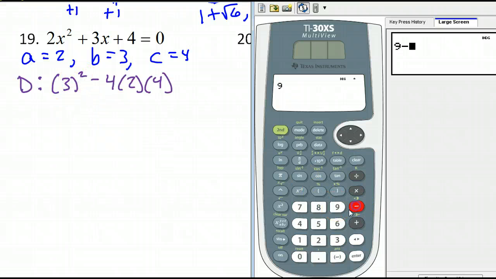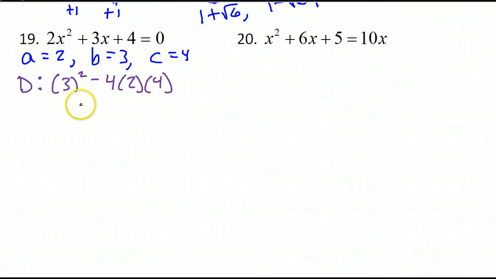So I'm just going to put 9 minus 4ac. Okay, b squared minus 4ac. Negative 23. No wonder it wasn't factorable. Okay, it's going to be imaginary. Alright, we're going to have 2 imaginary solutions. So no way was it factorable. So that turned out to be negative 23.